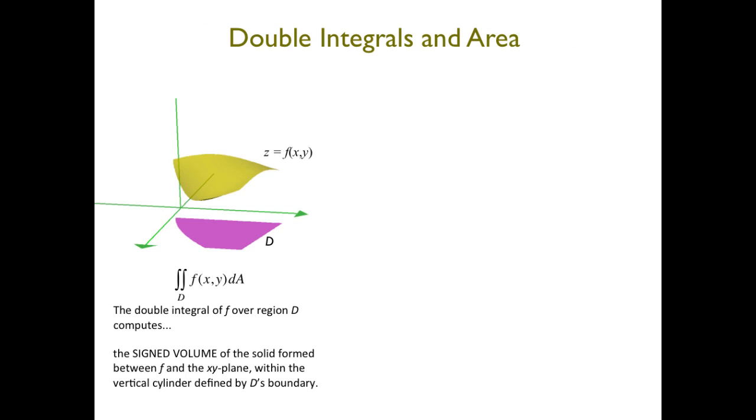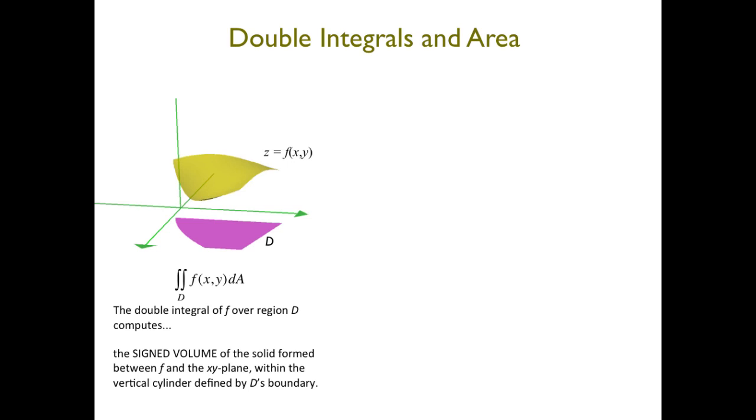The double integral of f over D computes the signed volume of the solid formed between f and the xy plane within the vertical cylinder defined by D. So D defines a vertical cylinder, and then we look at the signed volume between the xy plane and wherever the surface is. You still with me, Julian? Okay. All right. So that we've talked about.